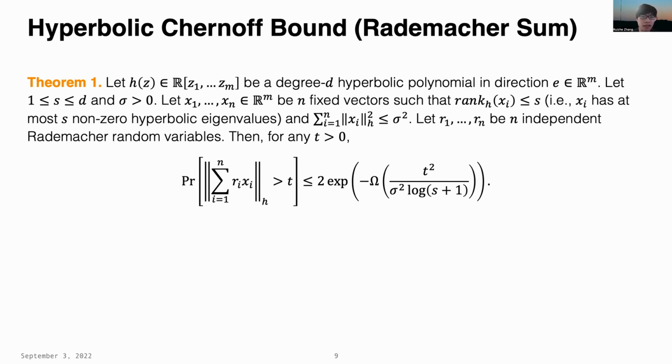Then for R_1 to R_n independent Rademacher random variables, we can show that the probability that the hyperbolic spectral norm of the sum of R_i times x_i is larger than t is at most 2 times e to the minus t squared over sigma squared times log of s plus 1.